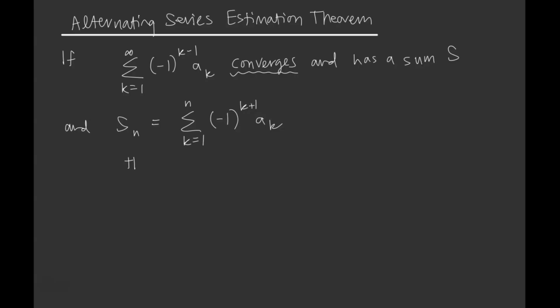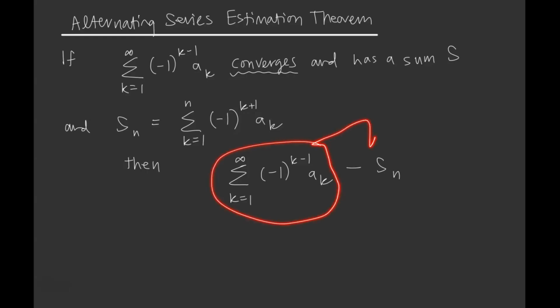Then, so this is the important part of the theorem, the sum of the whole series from 1 to infinity minus S sub n. So this is the sum of the whole series minus one of your partial sums.